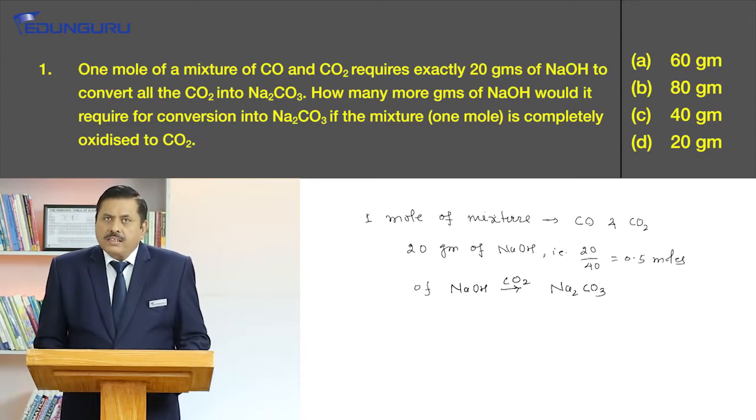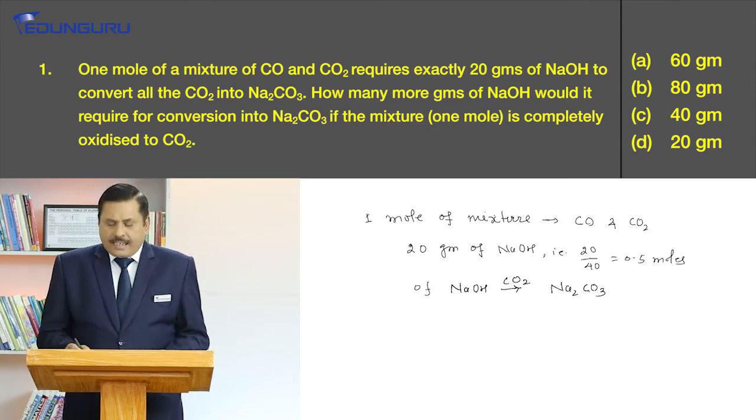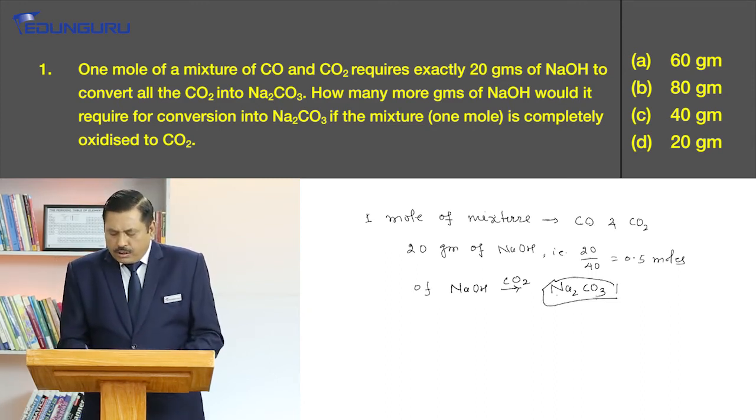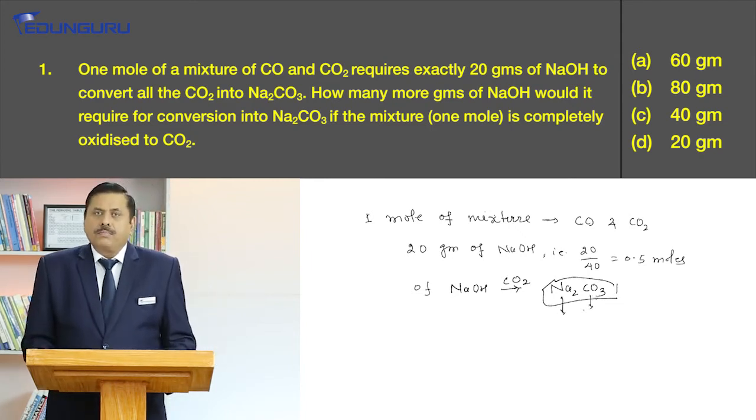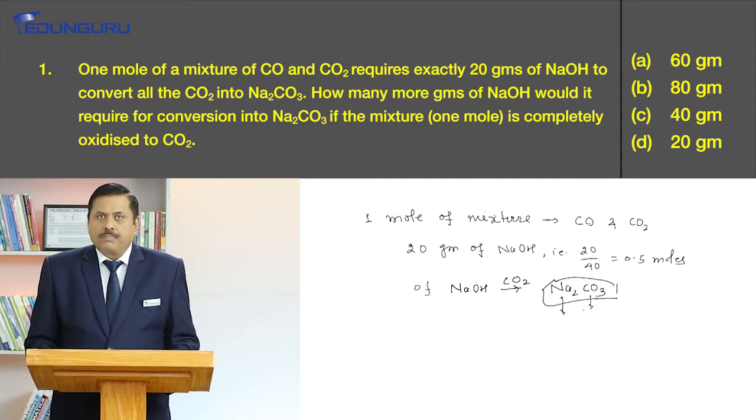It is very obvious that moles of carbon dioxide is half the number of moles of NaOH. That can be understood very easily. That is, 1 mole of Na2CO3 contains 2 atoms of sodium, while it contains only 1 atom of carbon.